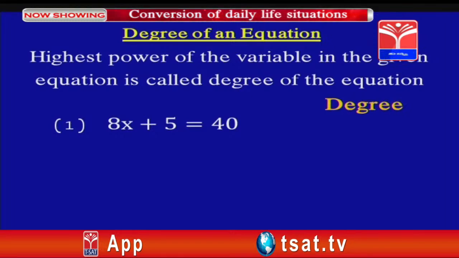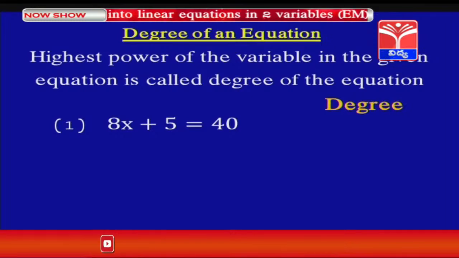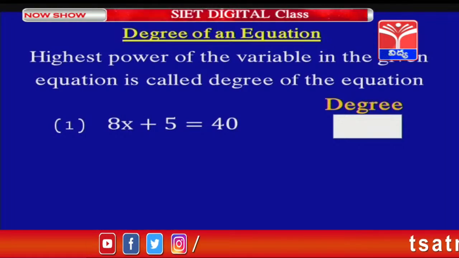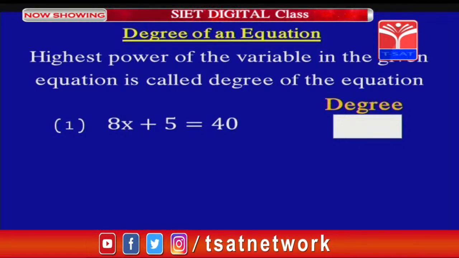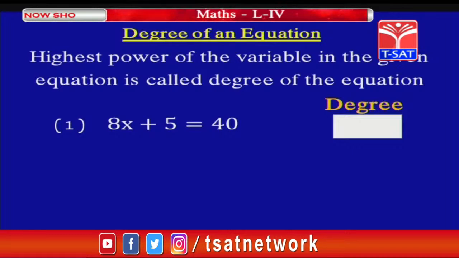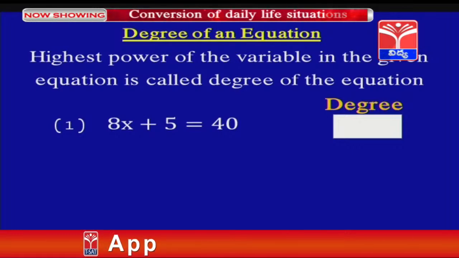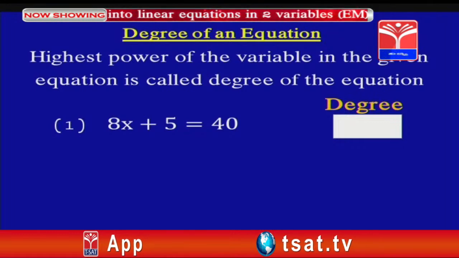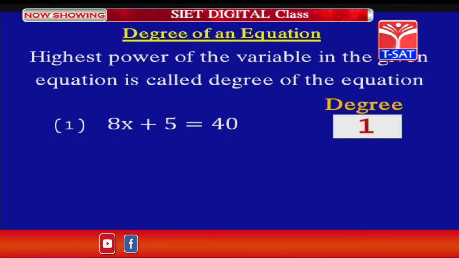Now, we will find the degree of this one. Tell me what is the exponent of variable x? 1. Very good. So, here 1 is the highest power of the variable, that is why it is a first degree equation.